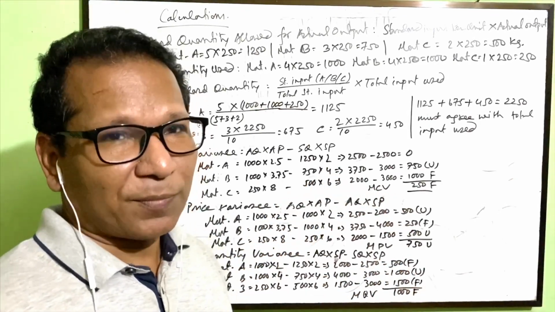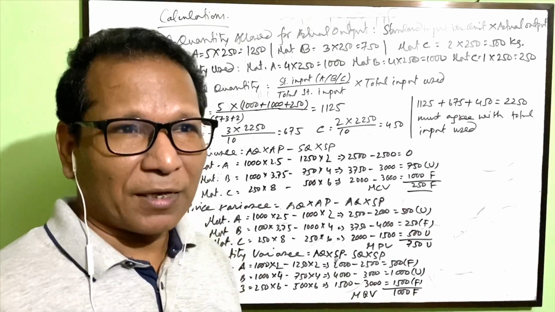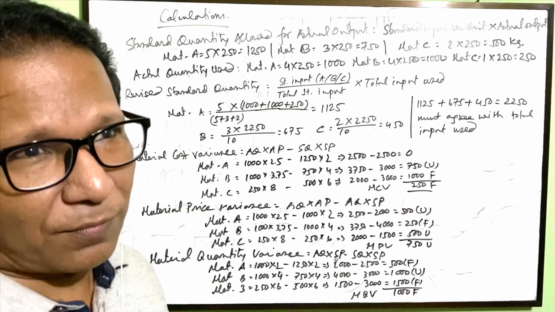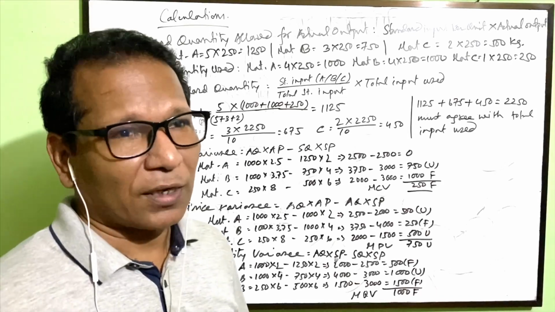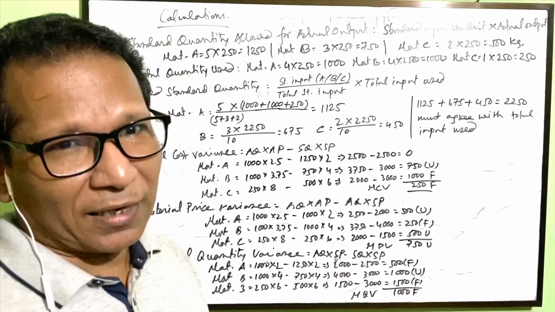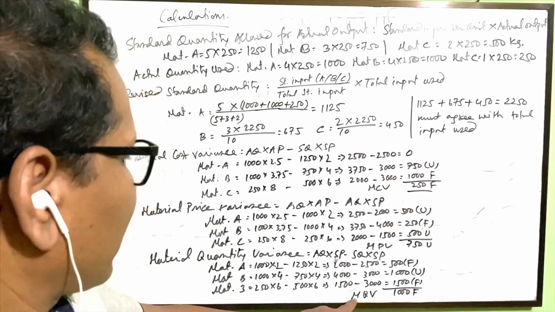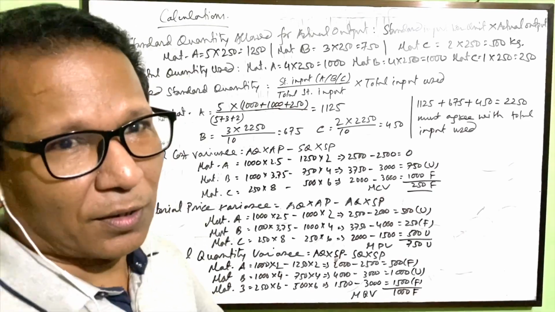Now, material mix variance and material yield variance. As we did earlier, the formula will be the same. Just write down the formula and put down the information. We will get mix variance and yield variance. The total of mix variance and yield variance will be 1000 favorable.